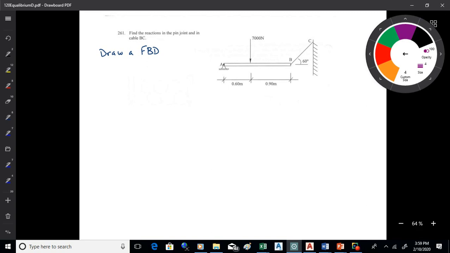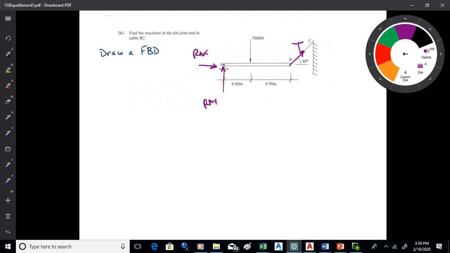Everybody got a free body diagram? We're good? Okay. And quite seriously, free body diagram: pin joint, REY, REX, cable, poles. There's my free body diagram. I'm done. That's it. And I just want to encourage you, don't overkill those. Just do that and you're done.